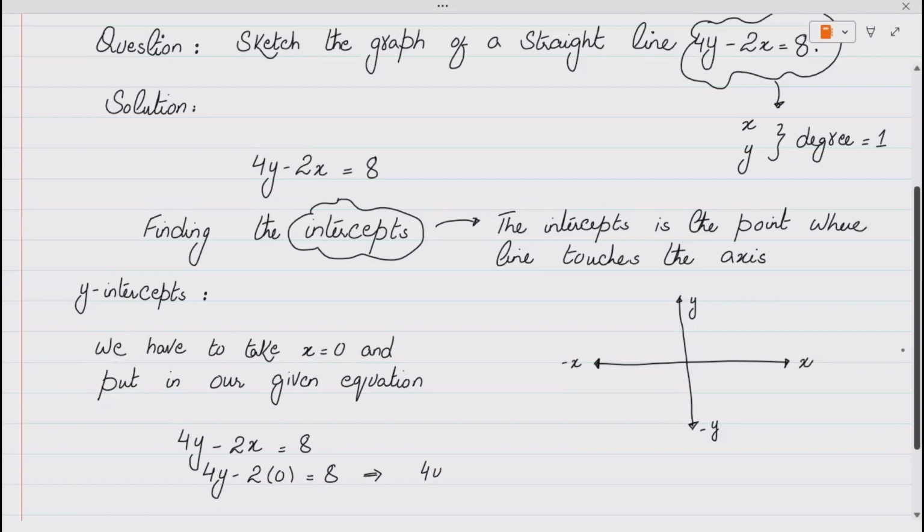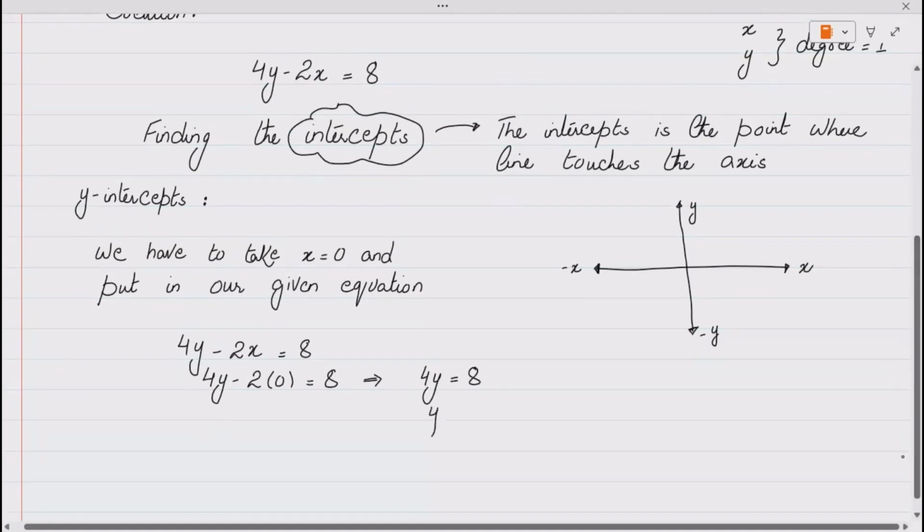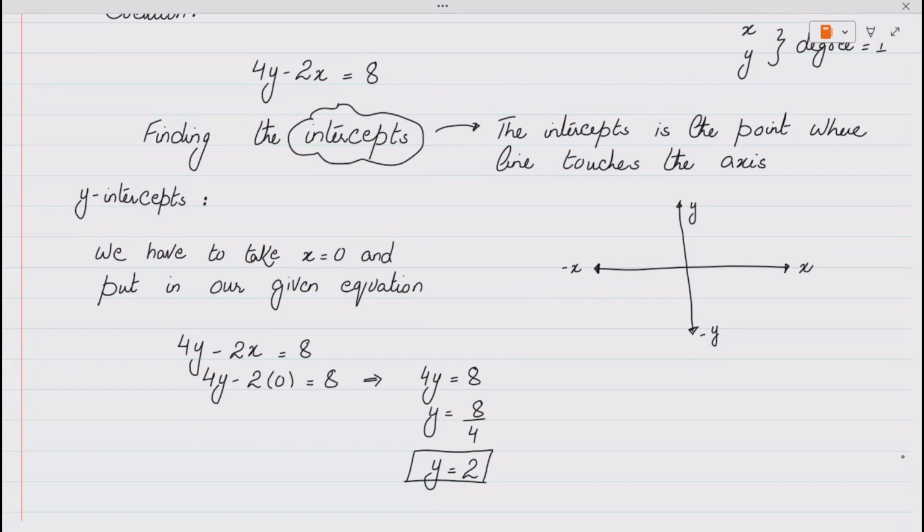So 4y equals 8 and y equals 8 upon 4, which is 2. So when we put x equals 0, we got the value of y equals 2, right? And this is for the y-intercept.